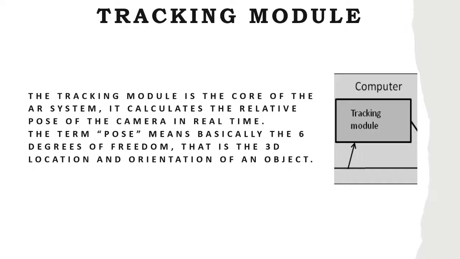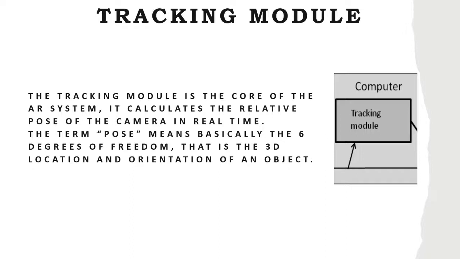And 6 DOF, six degrees of freedom, means that you have the freedom to look anywhere. This is a very basic definition of 6 DOF. Let me tell you what the term pose does. Pose estimation basically helps to get the orientation and location of a particular object.